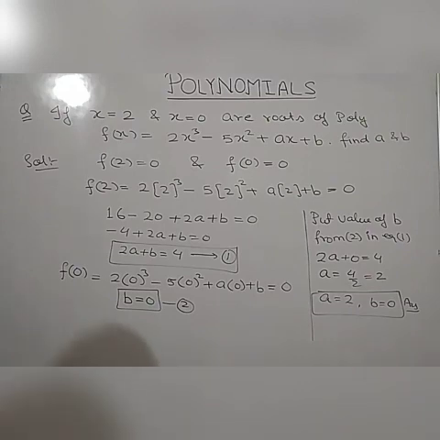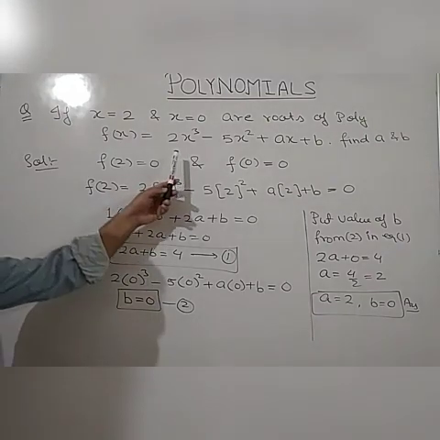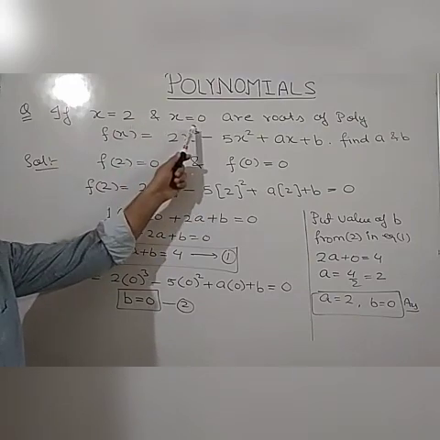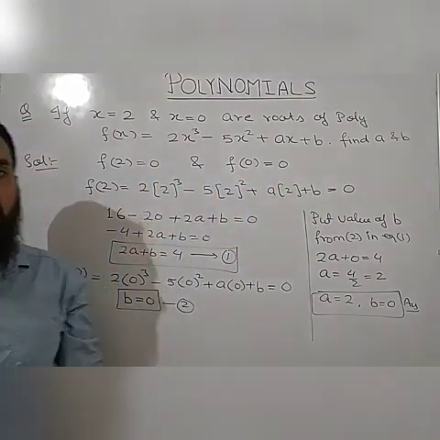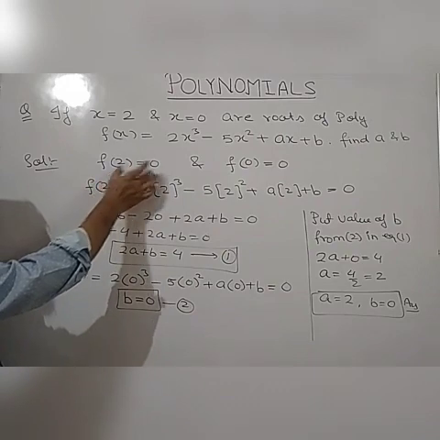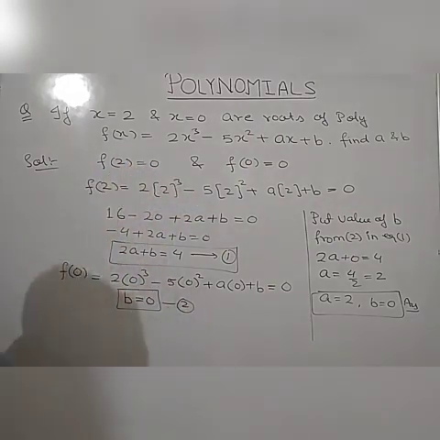So these are some important type of questions. Whenever you are given the roots and you have to find the value of unknowns, you just put the value of polynomial equal to 0 and you will get the values of unknowns.